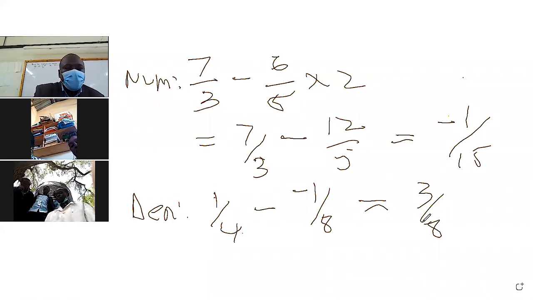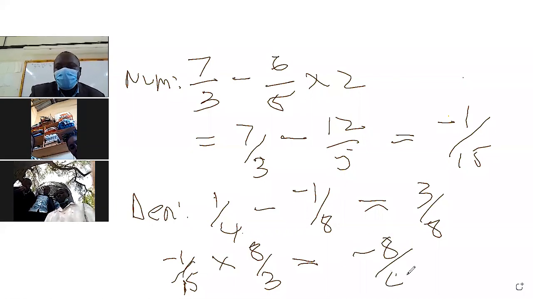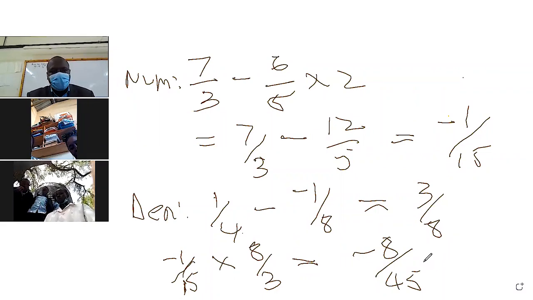Then finally, you work out -1/15 divided by 3/8, which is the same as multiplying by 8/3, which ends up giving us -8/45.